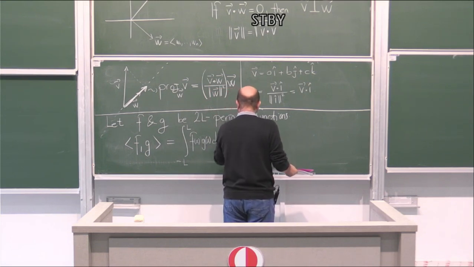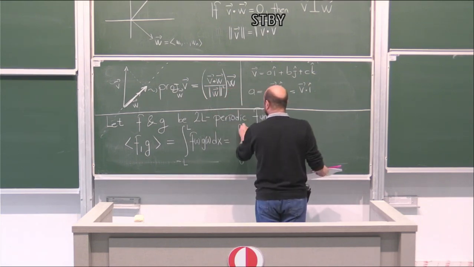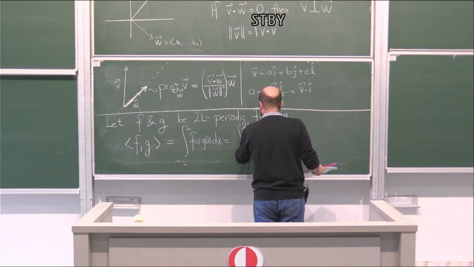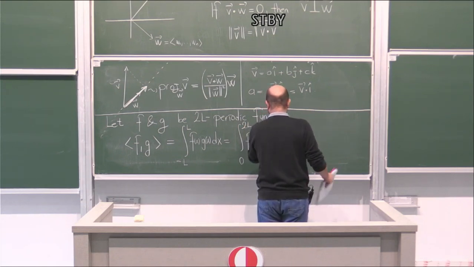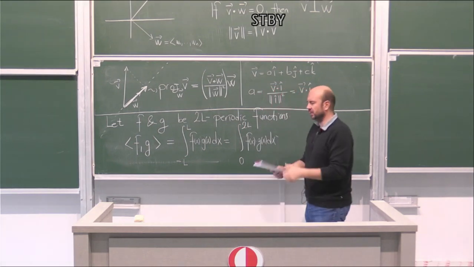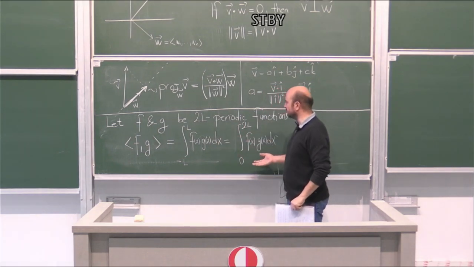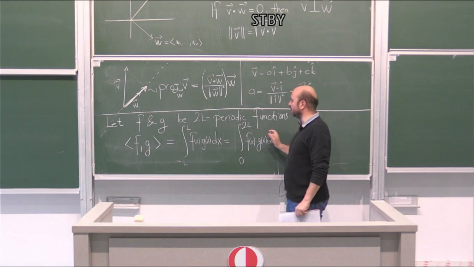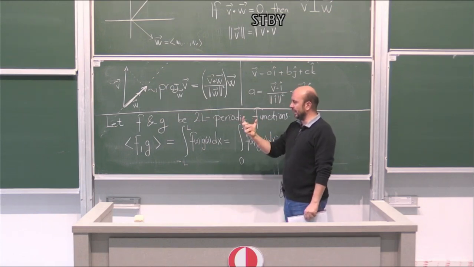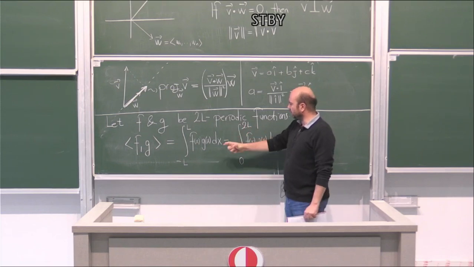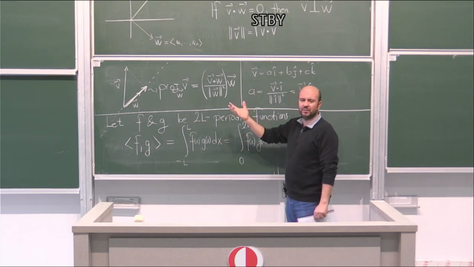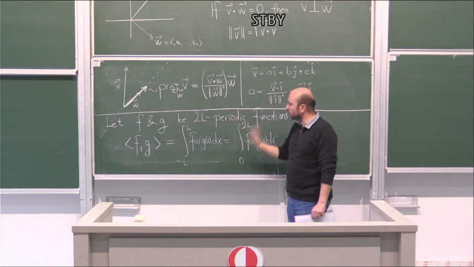Or, which is the same thing also, the integral from 0 to 2L. First of all, why it doesn't matter? Because these are 2L periodic. So if you take a 2L length interval, then if you know the functions there, you know the functions everywhere. So I'm just integrating over one period.